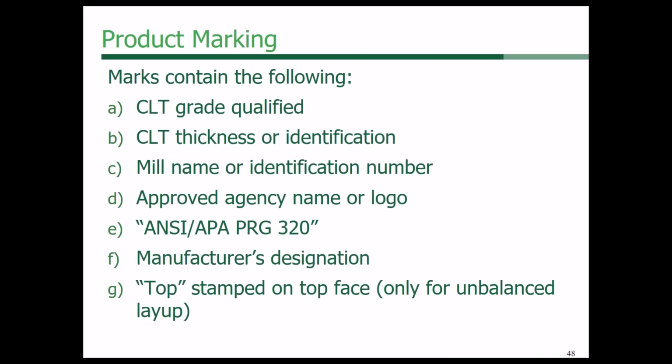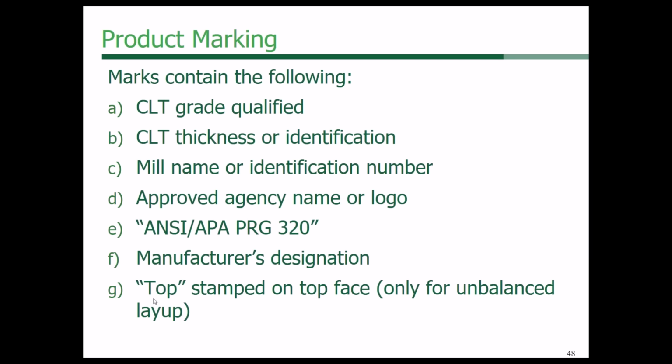Whatever products are cross-laminated timber products under the code will need to be stamped. Here are the characteristics of the stamp, where they have the CLT grade qualified, the thickness, and the mill, similar to what you would see on a sawn lumber or wood product.